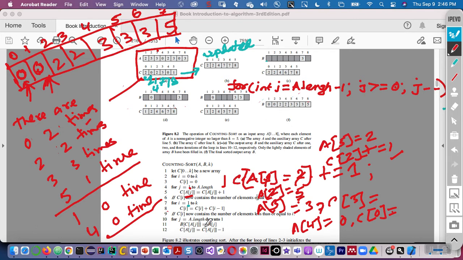Okay, so in line number 10, what we are doing over here is getting aj. What is my aj value? j equal to length - 1, the last one, right? We will get the last index value.